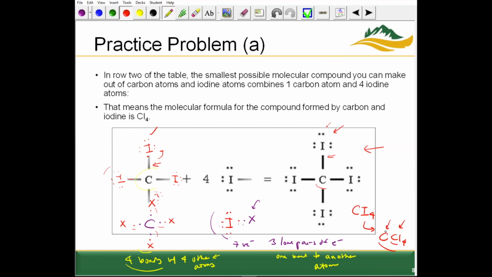Carbon still has 4 valence electrons. So this is our Lewis dot structure for carbon tetraiodide. We include that prefix because there are 4 of them and it's a molecular compound. And we change the ending of iodine to iodide because it's our anion in this molecular compound.